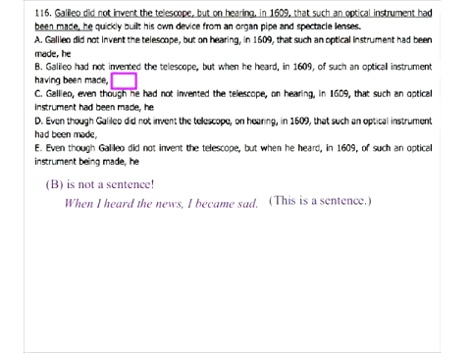Whereas B is kind of like writing, when I heard the news, comma, became sad. I don't know what you would call this. It's some sort of sentence fragment, not a complete sentence. But it doesn't matter what you call it. When you see something like B, you should definitely recognize, oh my gosh, that doesn't have a subject.